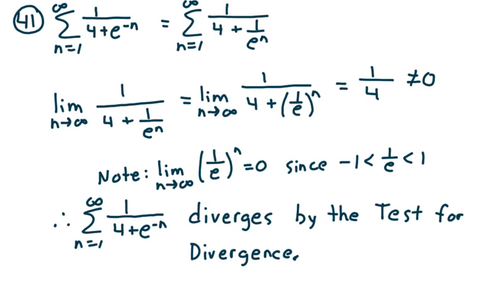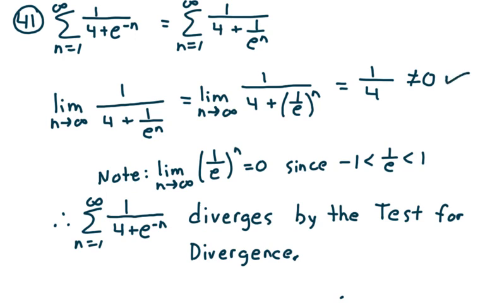So in other words, I'm going to look at the limit as n goes to infinity of 1 over 4 plus 1 over e to the n. But this is equal to 1/4, which doesn't equal 0.